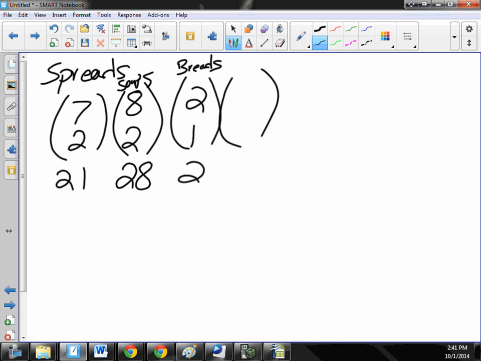And the veggie selections, 1, 2, 3, 4, 5, 6, 7, 8, 9, 10, 11, 12, 13, 14, 15, 16, 17, 20? Did you guys get 20? So 20 choose 4, they ordered 4 of them. I don't have 20 choose 4 on my chart. How do I find it? Go to my calculator.